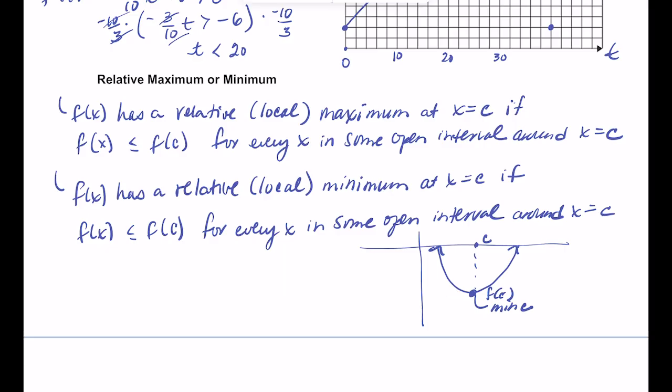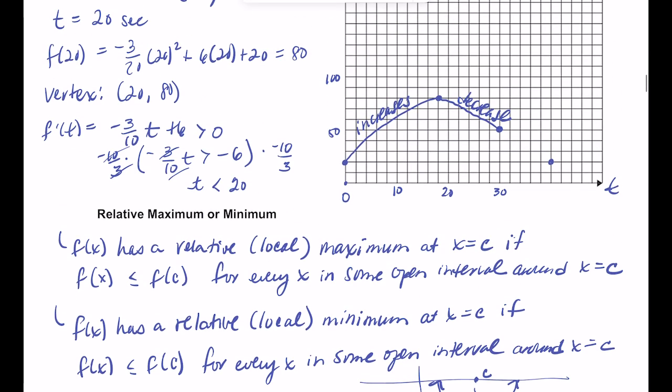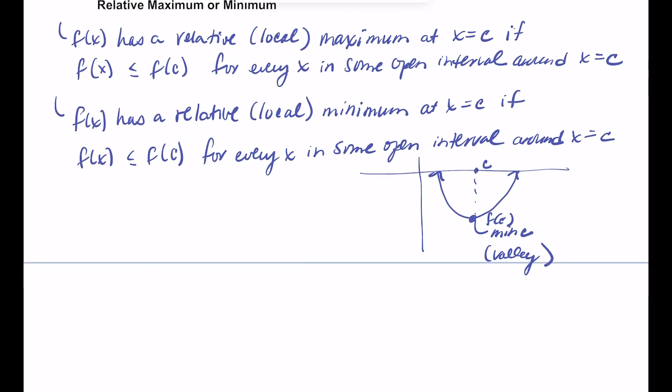So think of maxes and mins as peaks and valleys. Here we have a valley. For maximums, we have peaks. So a function has a relative extremum.